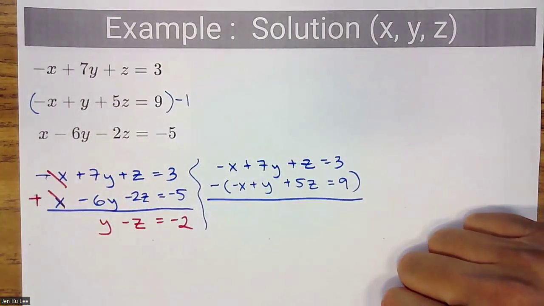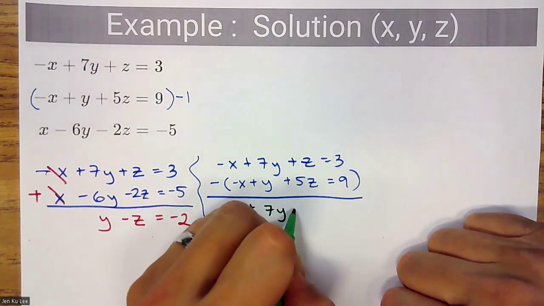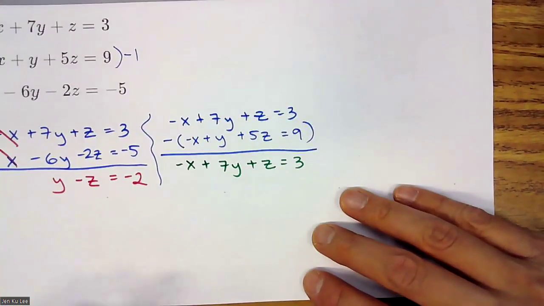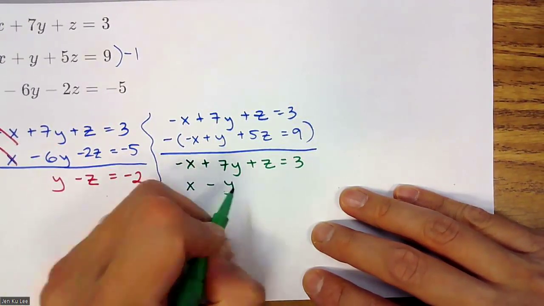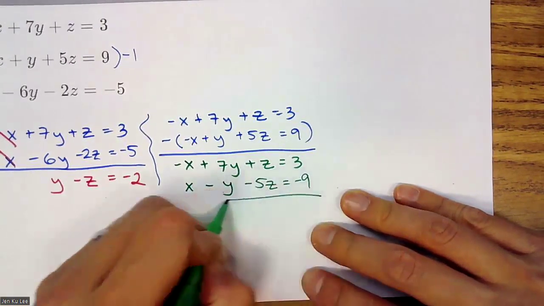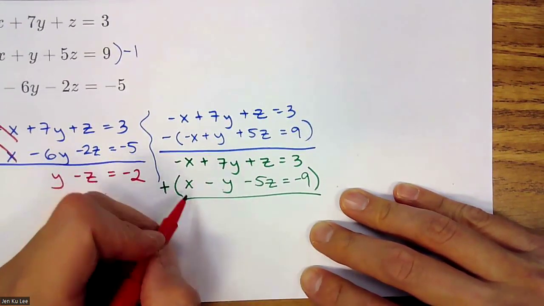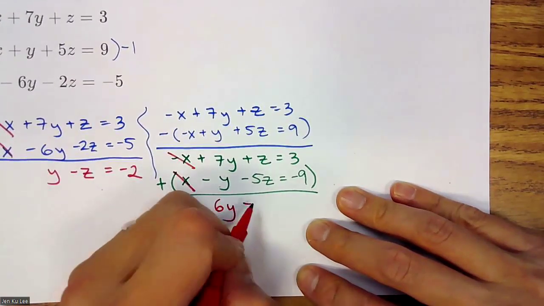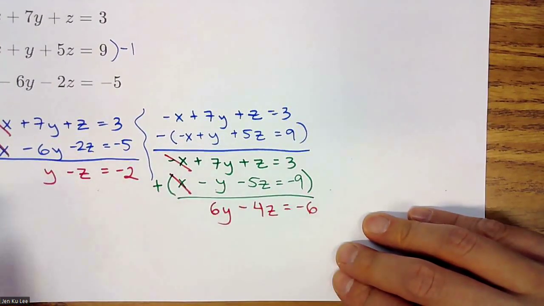But instead of subtracting, I am going to add it. So I'm going to rewrite the first equation, and then distribute out the negative. So that's x minus y minus 5z equals negative 9. And then I'm going to add it together so those two guys cancel out. 6y minus 4z equals negative 6.